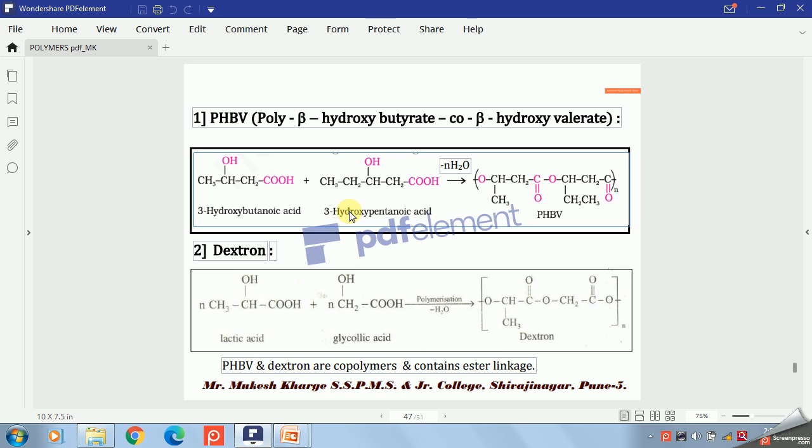So this PHBV is a copolymer of two bifunctional beta hydroxy carboxylic acids and they are beta hydroxy butyric acid, also known as 3-hydroxybutanoic acid, and beta hydroxy valeric acid, that is 3-hydroxypentanoic acid. So the hydroxyl group of one monomer forms an ester link by reacting with the carboxyl group of the other.